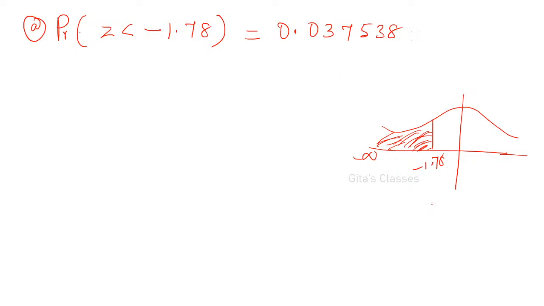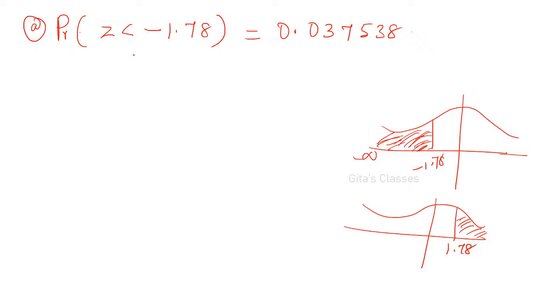If you want to make use of R, then you have to write it as equivalent to 1.78. Find out R of 1.78. You will get the same value. Uma is correct. If you want to make use of R, then it should be plus 1.78.